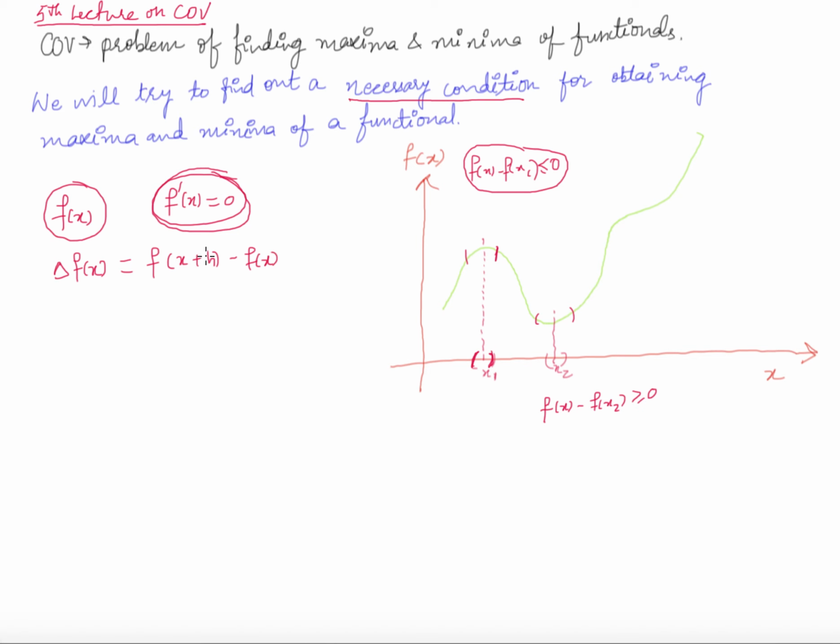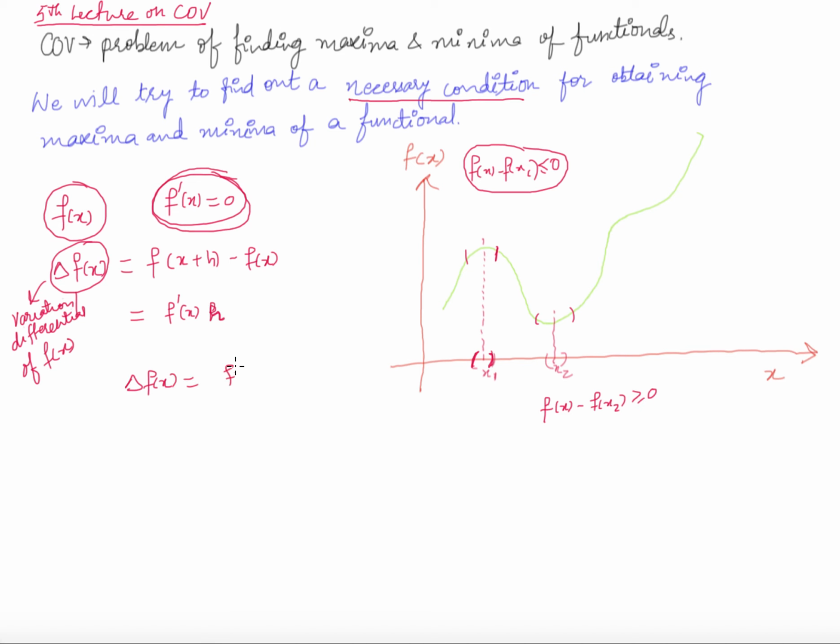So you are increasing or decreasing your x and subtracting f of x, and you know that if f is differentiable, then this is actually f dash x times h, right? This thing is called the variation, or differential, of the function at the point x, and obviously this is a function of h also.